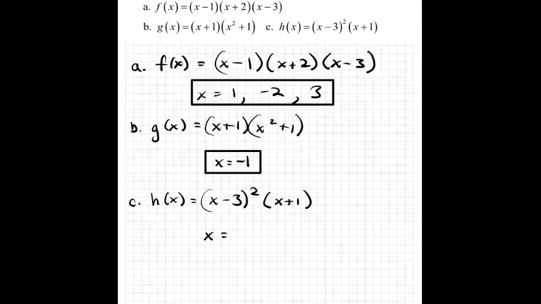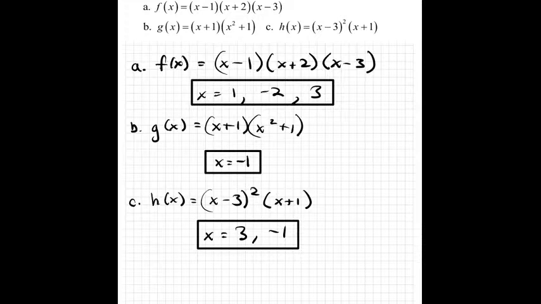So this one has 2 distinct real zeros, and we say that the zero x equals 3 has an even multiplicity of 2. That means it's going to bounce off the graph. If it has an odd multiplicity, it's going to cross the x-axis. If it has an even multiplicity, it's going to touch and bounce off of the x-axis.